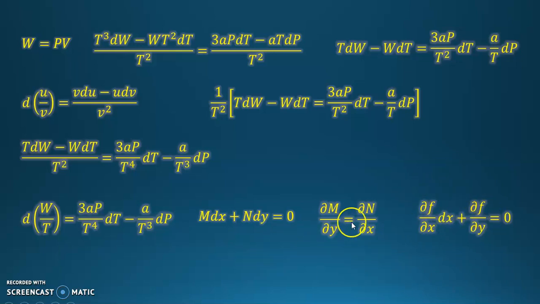With this fact, we can calculate the partial derivative of this term with respect to p, and that expression must be equal to the partial derivative of the other expression but with respect to T. If we do that, we'll get the next expressions.